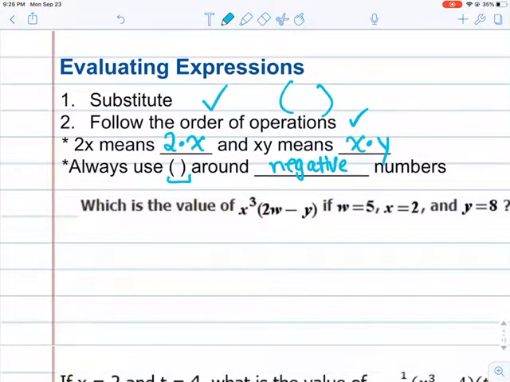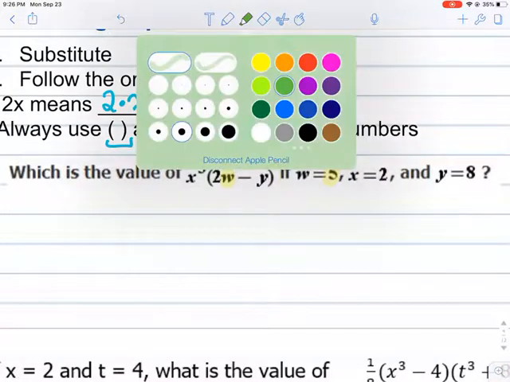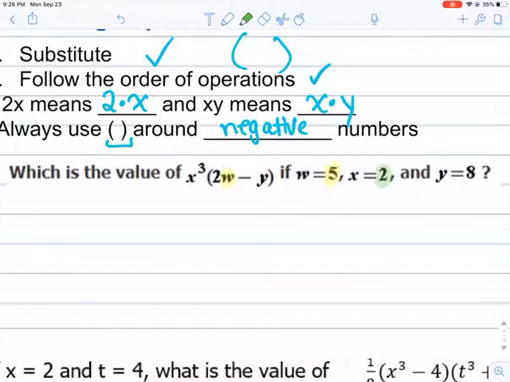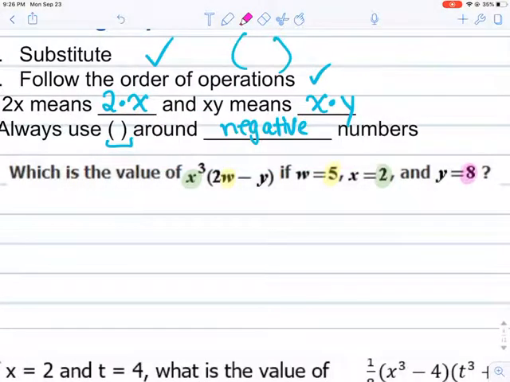All right. So we're going to do a couple of these problems together. These are just the ones that we went over in class. So you're going to take the values, like the w is going to go for the w there. The 2 is going to plug in here for the x value, and the 8 is going to substitute in here.